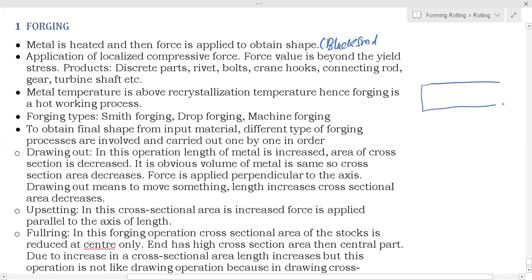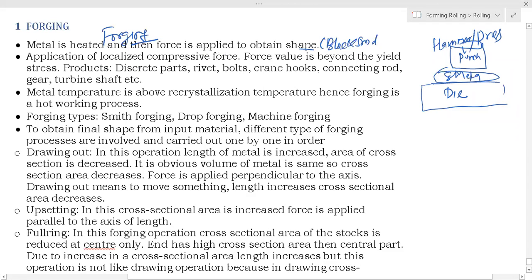Then you have a punch, or it is die, or hammer, or press. So you have to apply the localized compressive force. So metal is heated and force is applied to obtain shape. That process we call forging.